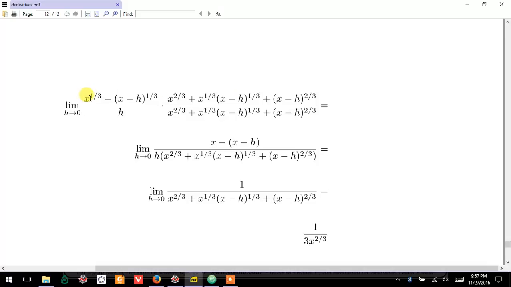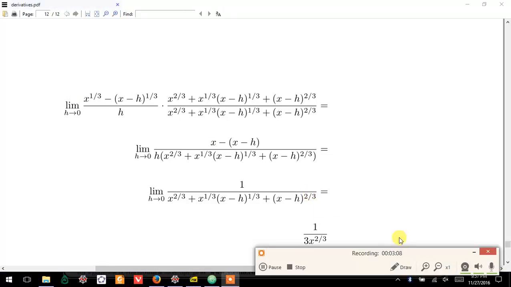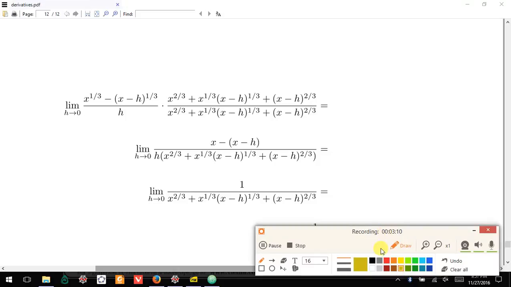And if you just kind of maybe call this x and this y in the difference of cubes formula. Maybe I can even try to draw that with the mouse, although that always comes out kind of awkward and hard to read, but maybe I'll just do my best.